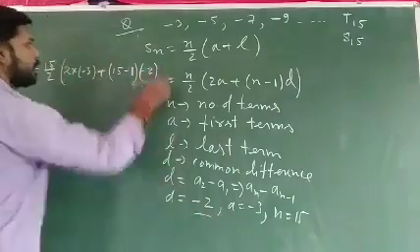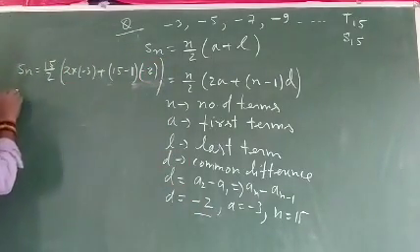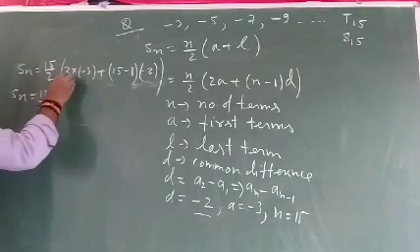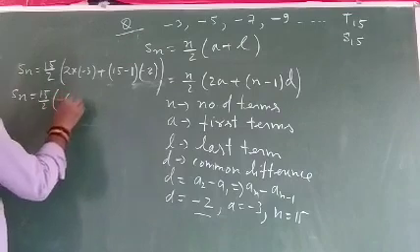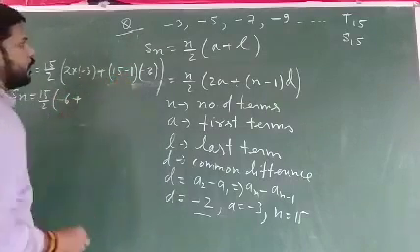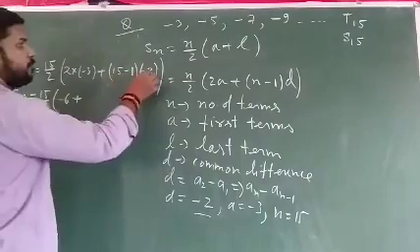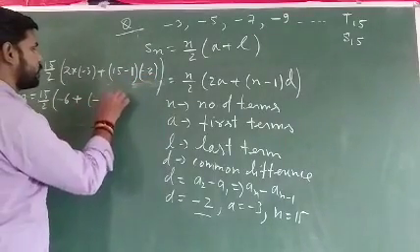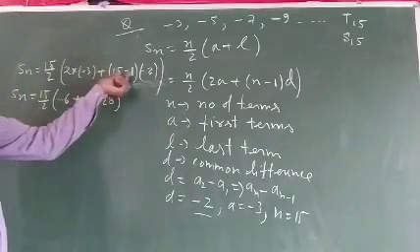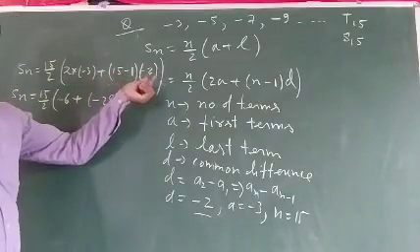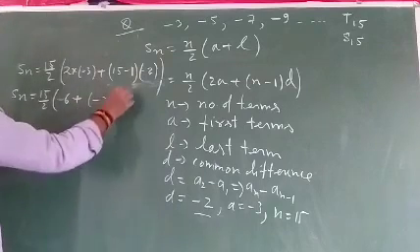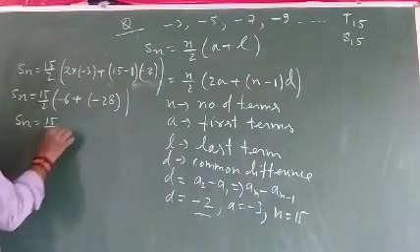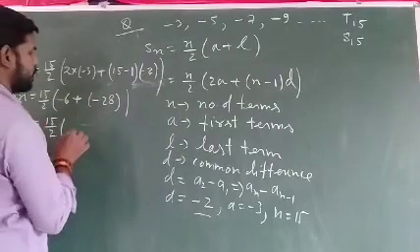We have already seen. Now on calculating, we will find Sn equals 15 by 2 (2 into minus 3, minus 6, plus 15 minus 1 is 14, and 14 twos are 28, minus 28). We will get minus 28. Then Sn equals 15 by 2 (minus 6 and minus 28).